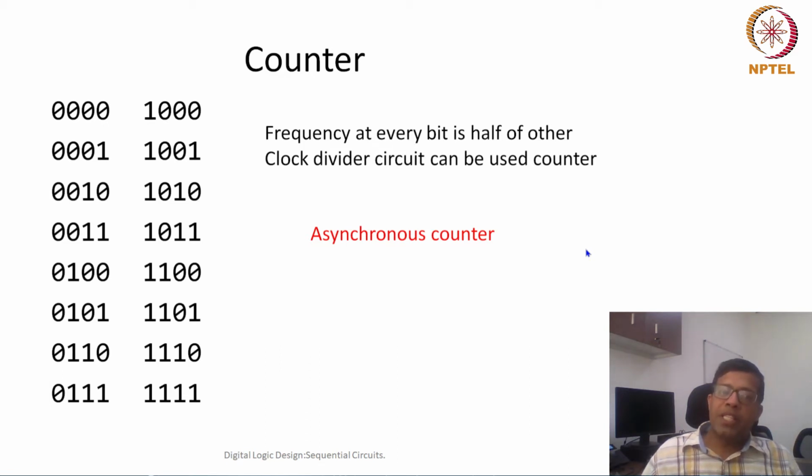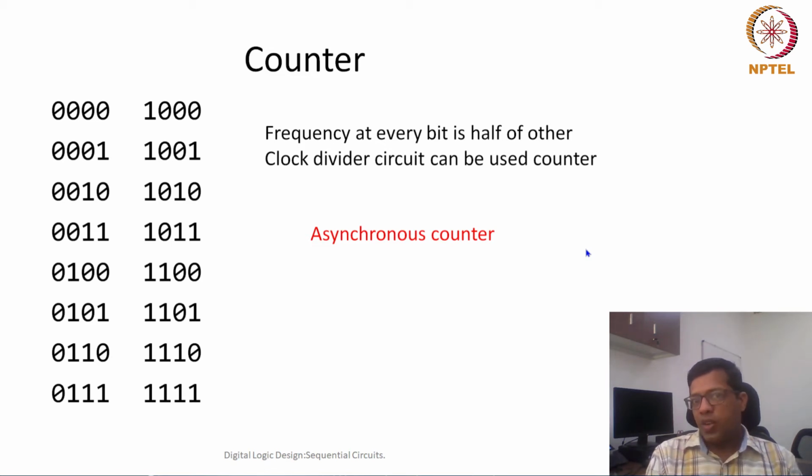But the message here is that we can use these clock dividers as a counter, and the other way around also, we can use counters as a clock divider circuit as well.